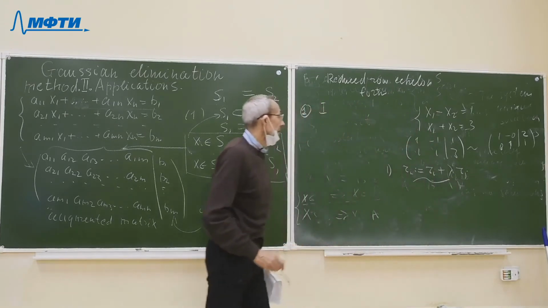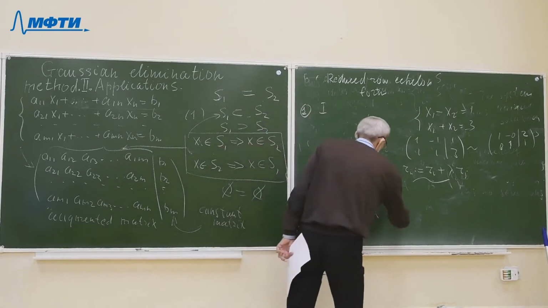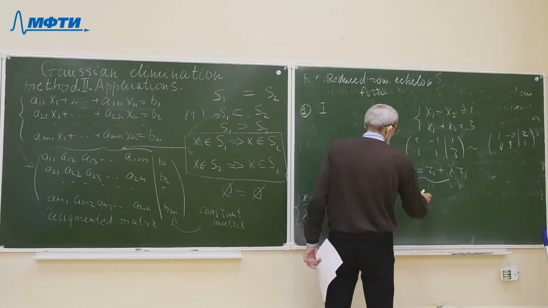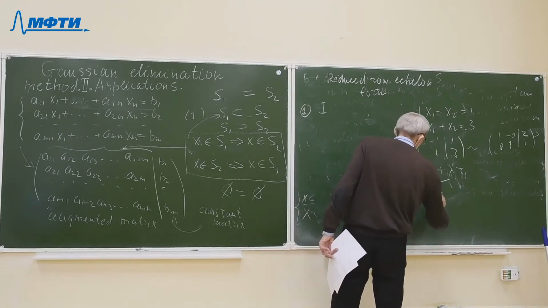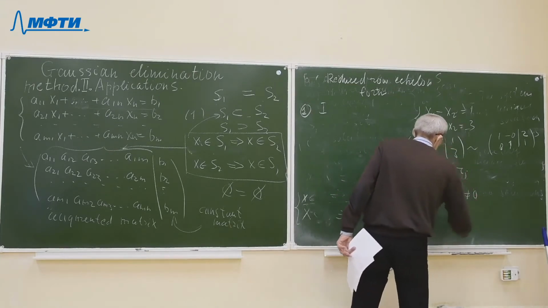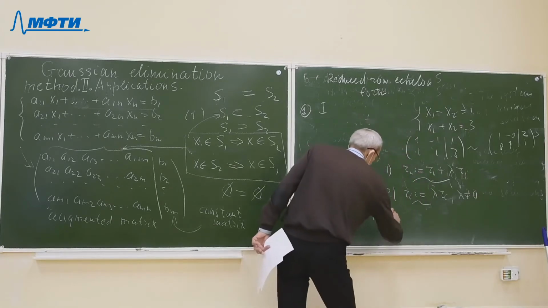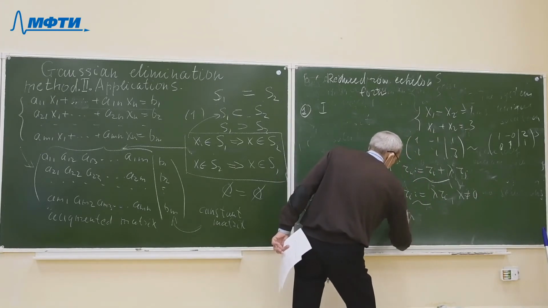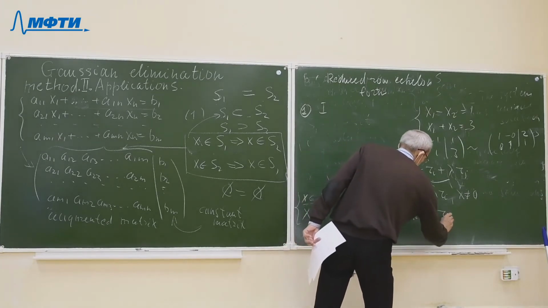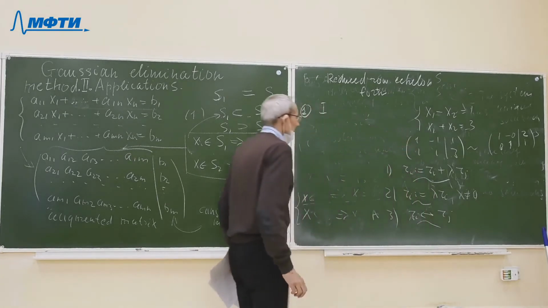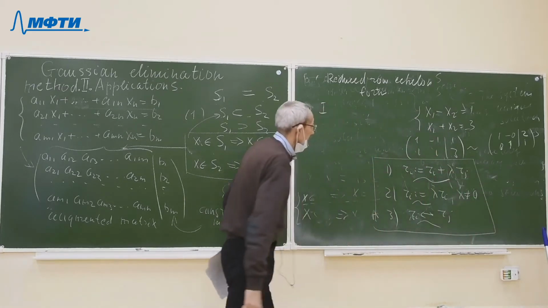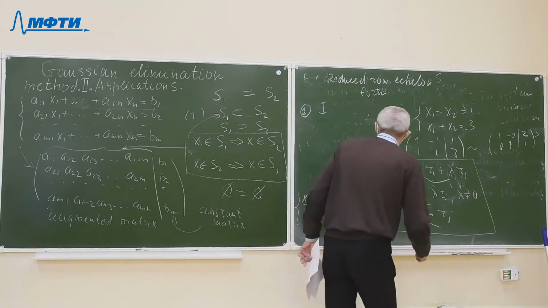The second type: we multiply some row by a constant lambda, and in this case lambda is not equal to 0. And the third type: we exchange row number i and row number j. We have three types of row operations. Example.